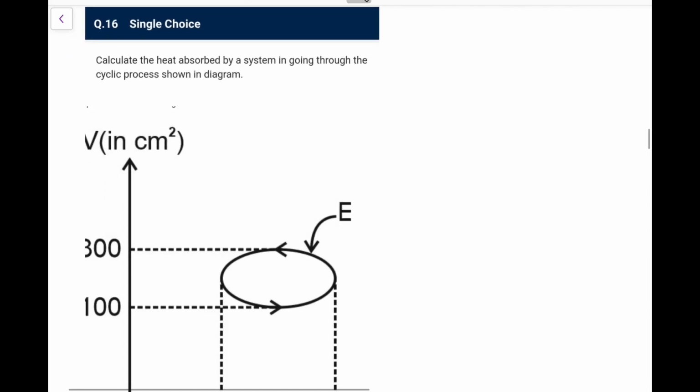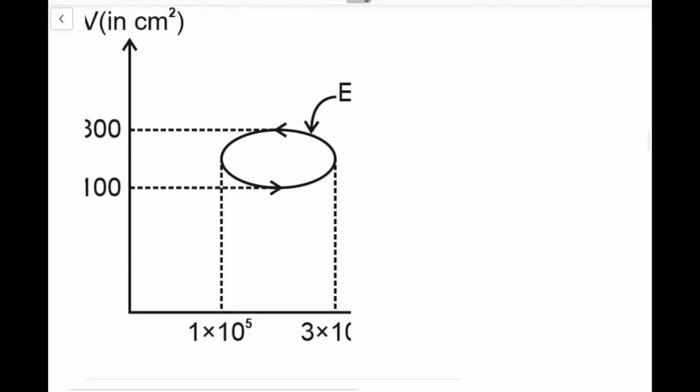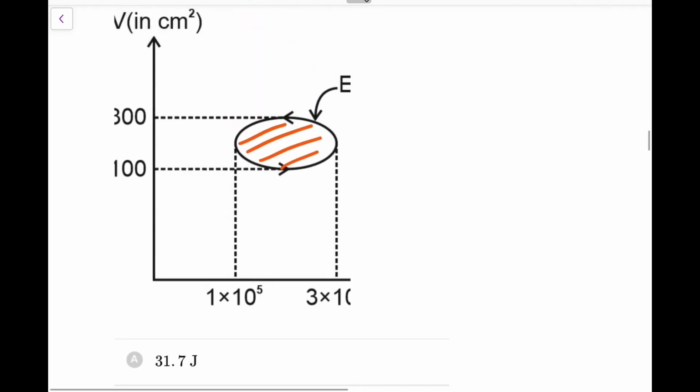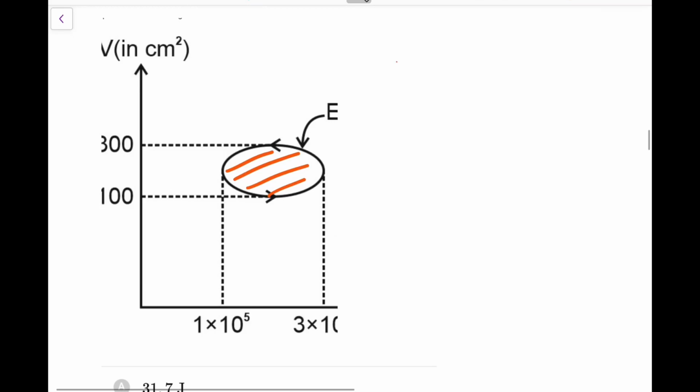Next one. Calculate the heat absorbed by the system in going through the cyclic process shown in the figure. So how much heat is absorbed? Again, we just have to find the area of this curve. The area of the ellipse, you all know, is equal to pi times AB, where A will be this radius, B will be this radius.